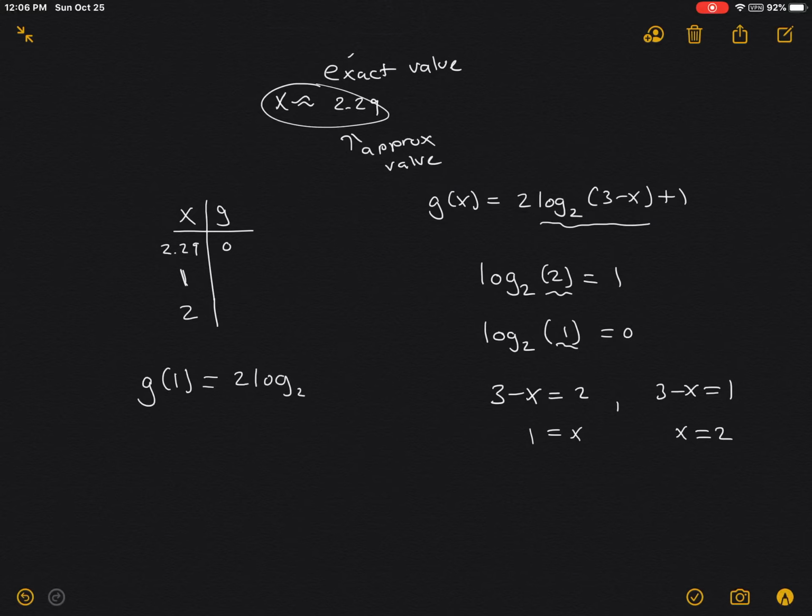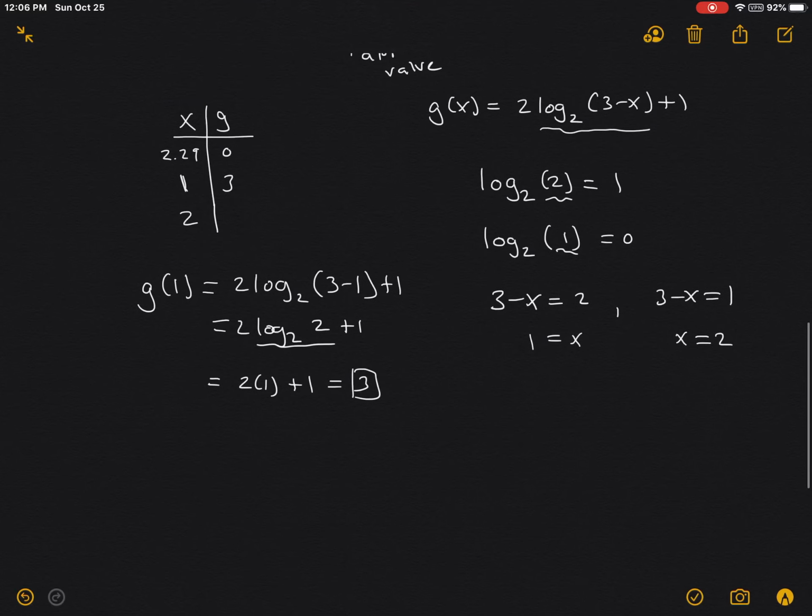So if I plug in g of 1, g of 1 is 2 log base 2 of 3 minus 1, plus 1. That's 2 log base 2 of 2, plus 1. Log base 2 of 2, we just said that's easy to evaluate. That's just 1. So that's 2 times 1, plus 1, which is 3.